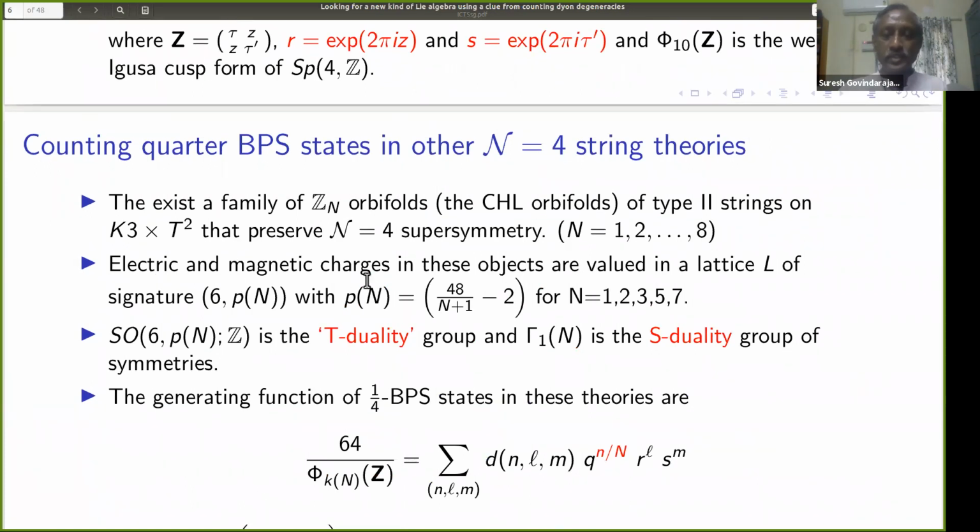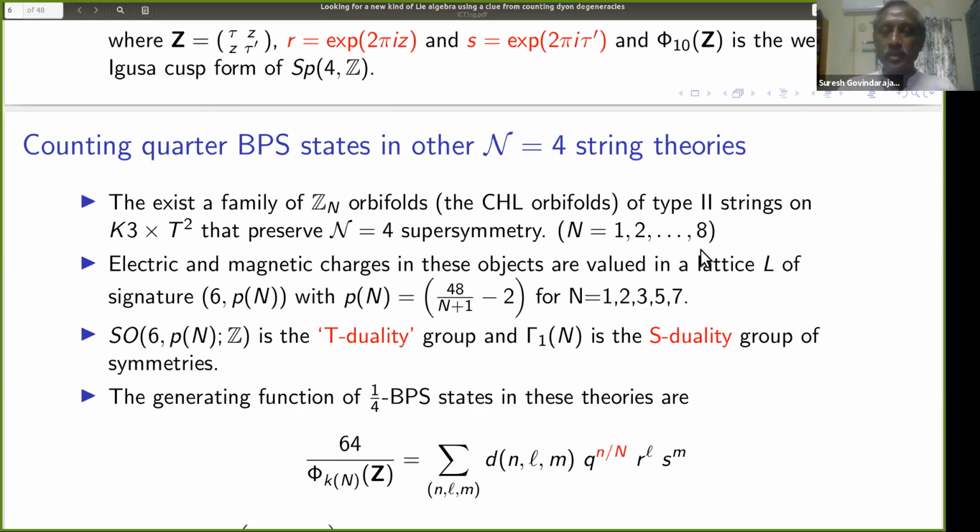Electric and magnetic charges in these theories are objects which are valued in a lattice of signature (6, p(N)), where at least I can write, we know formulae for all N. I should mention this restriction, N = 1, 2, 3 to 8, is if you pick g to be a symplectic automorphism. And then there's a theorem of Mukai which says that it can have only up to order 8.